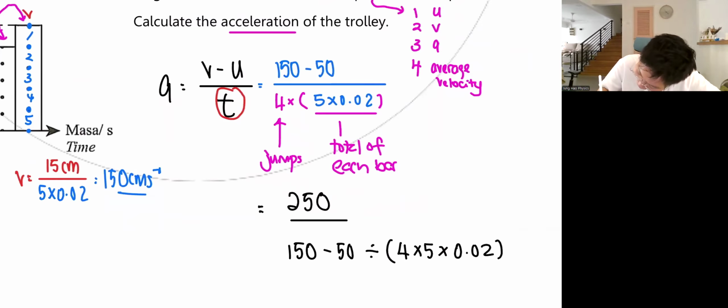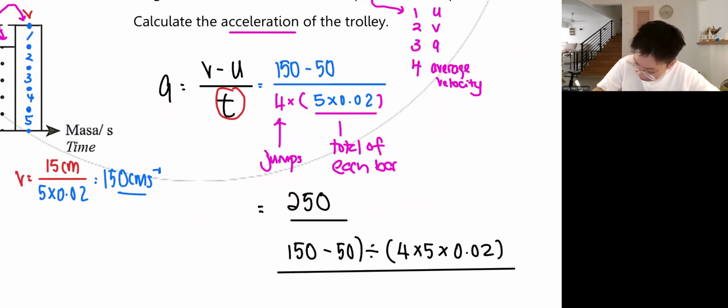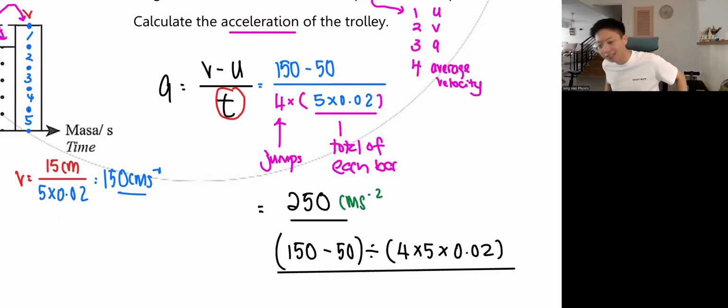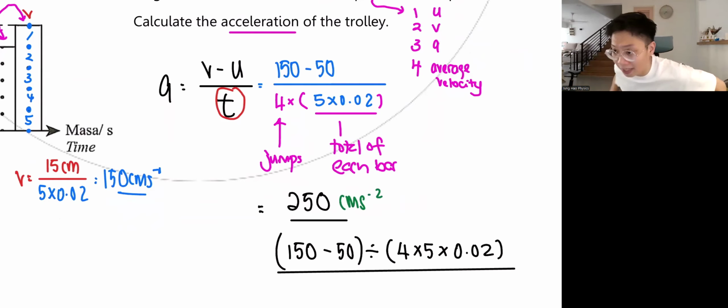This is how you need to press your calculator. When you divide, you must bracket the front and bracket the back. So therefore, this is 250 cm. This is the correct answer. Make sure you bracket the front and you bracket the back.